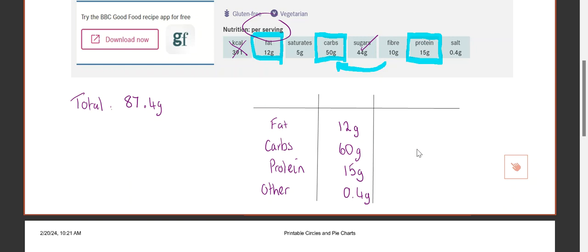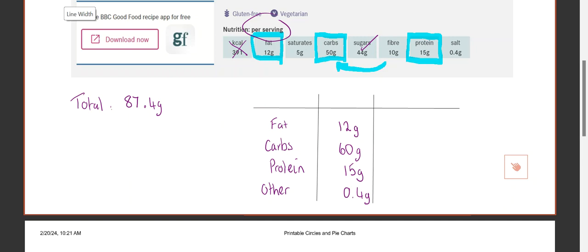I need to know what proportion of 87.4 12 grams is. How do we do it? Well, we've done that. 87.4. Almost.